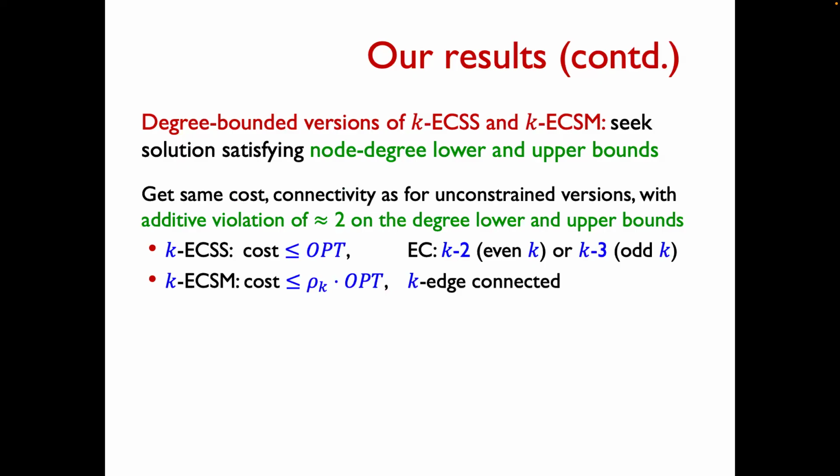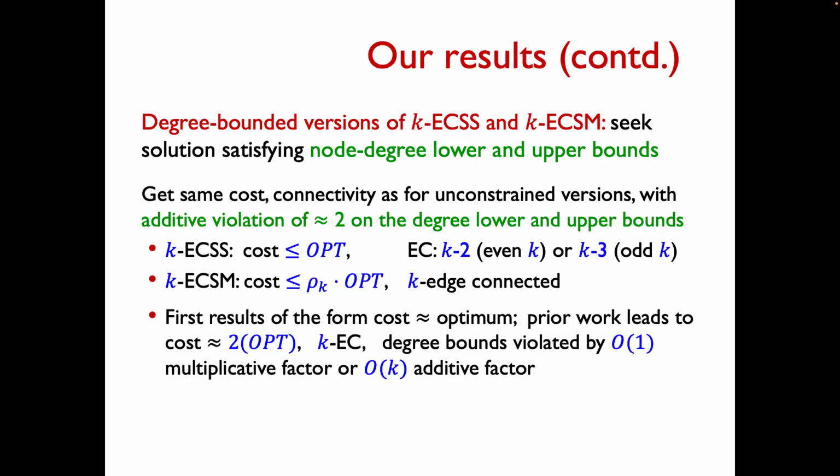And for this, essentially using the same ideas, one can get the same cost and connectivity guarantees with an additive violation of roughly 2 on the degree lower and upper bounds. So this kind of falls out as a byproduct of how the guarantees are obtained.